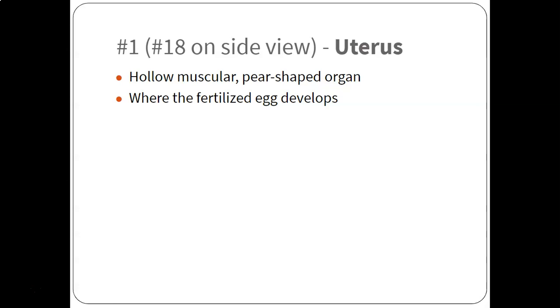So the cramps of a period are the same contractions as when a woman's in labor giving birth. Now, obviously, contractions giving birth are a lot more, I don't want to say severe, but they're a lot stronger than when a woman has her period, okay?